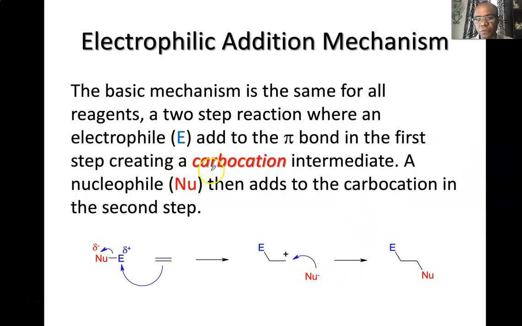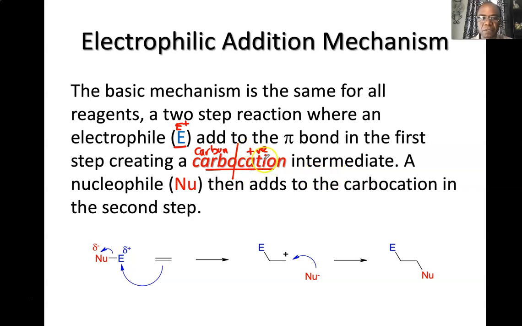To do so, you have to do a mechanistic arrow pushing process where the E part, the electrophile part, which is going to be partially positive or fully positive, will add to the pi bond first to make what we call a carbocation. Carbocation comes from the word carbon, which is positively charged. Okay, so cation.